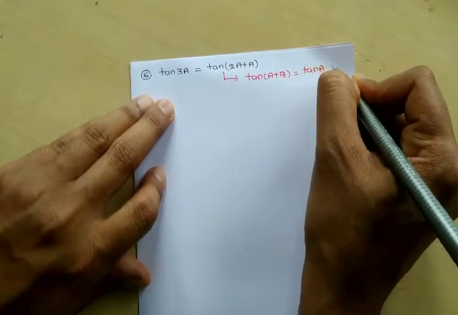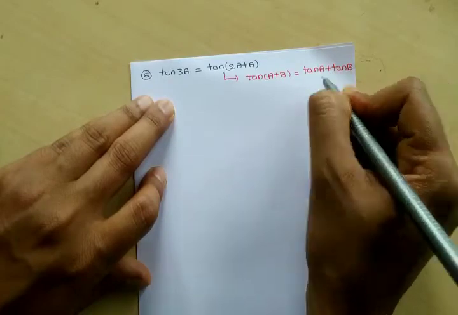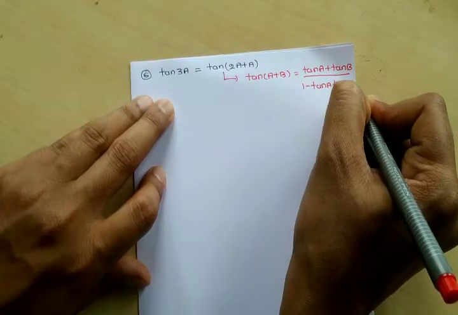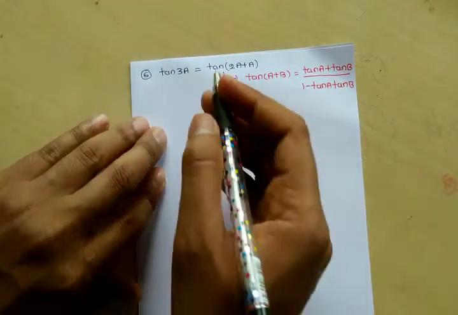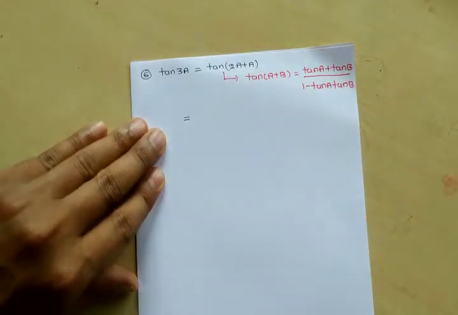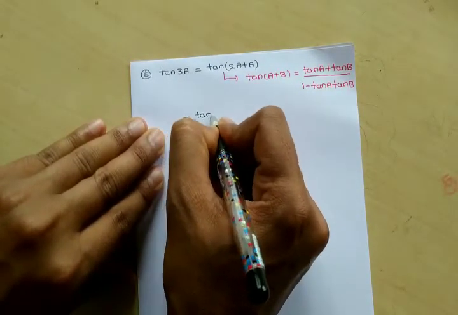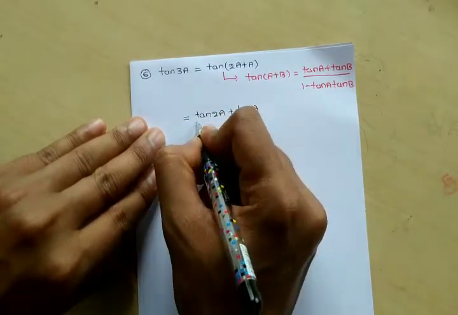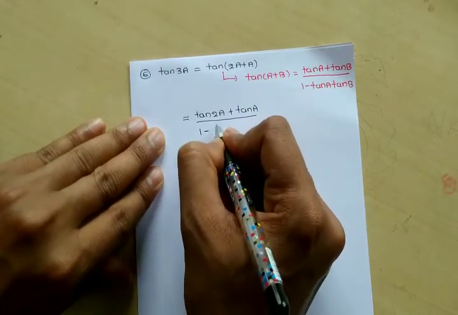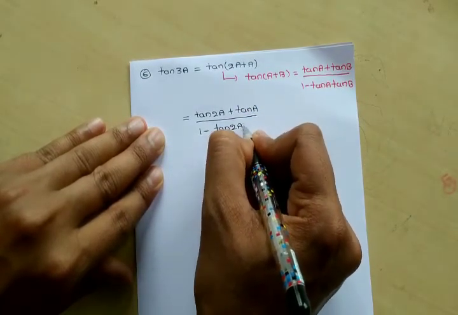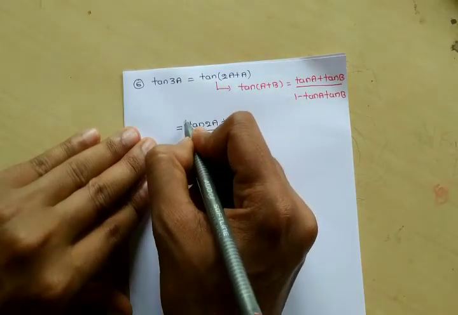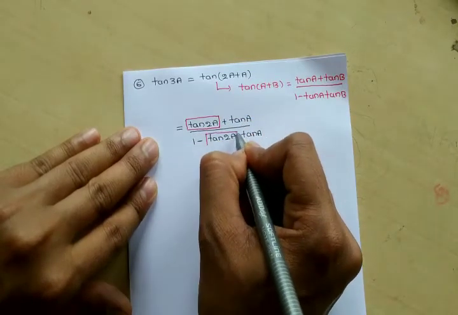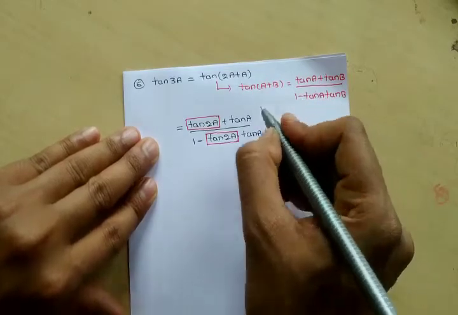Tan A plus tan B divided by 1 minus tan A into tan B. So therefore here it is tan 2A plus tan A divided by 1 minus tan 2A into tan A, and this tan 2A you have to replace by the multiple angle formula.